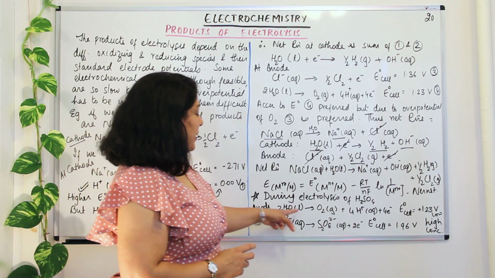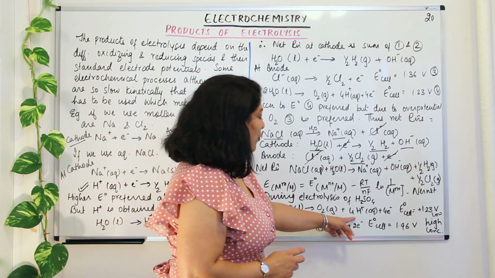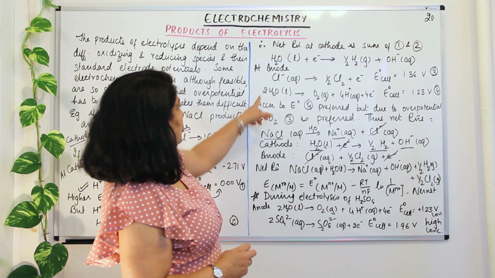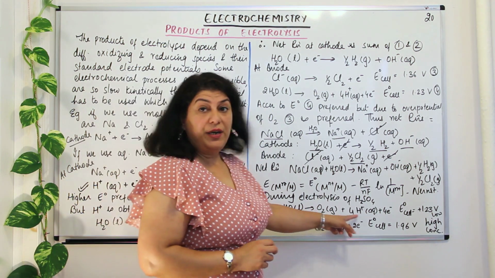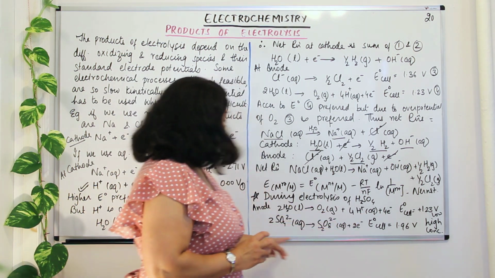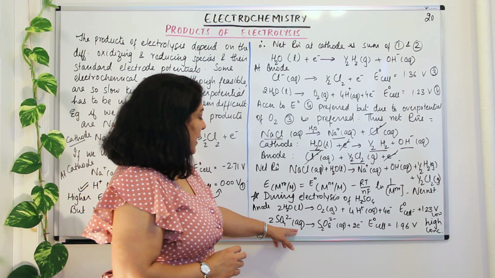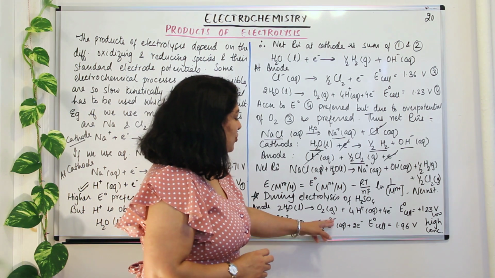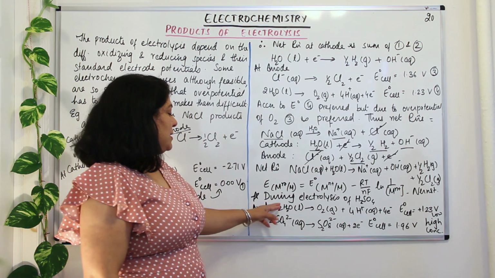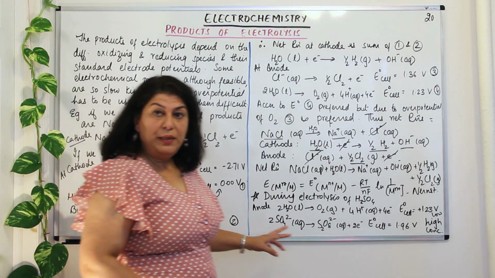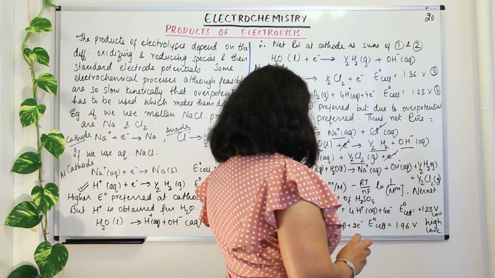One is that water breaks down into oxygen and gives 4H positive plus 4 electrons, the same reaction that we had here, and it requires an overpotential, you remember? And the second possibility is 2SO4 2 negative aqueous, which would give S2O8 2 negative plus 2 electrons. So these are the two oxidations that were possible at the anode.